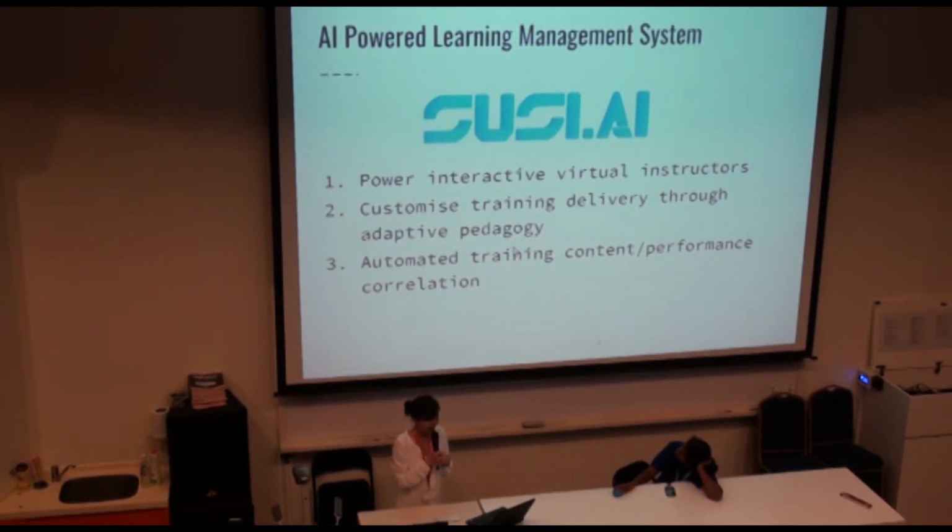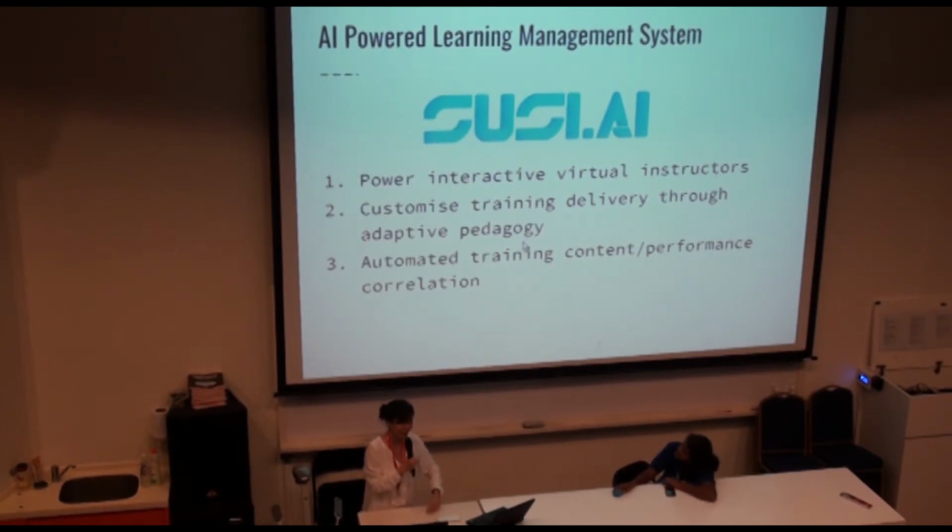Okay, and the third advantage of applying Suzy is to automate the training content. How can we do that? This can be done by performing big data analysis on the test results of the students. After the students take the test and the results come in, how can you measure whether your curriculum or lesson plan in the beginning had any impact on the performance of the students throughout the test?